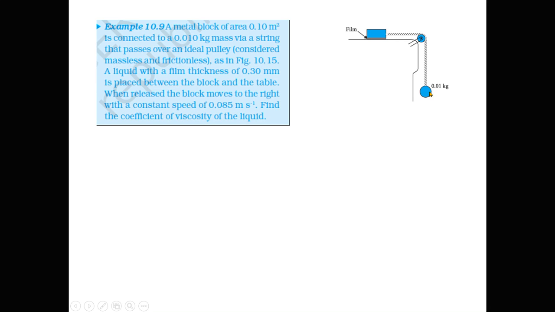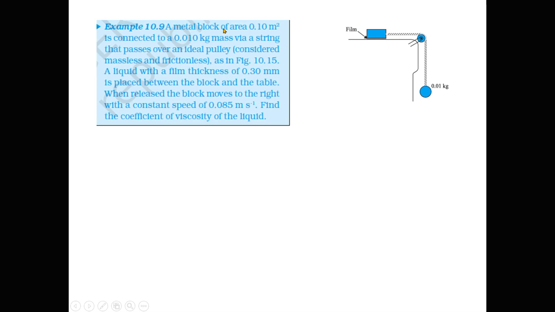So this metallic ball of 0.01 kg is suspended over the pulley and its other end is tied to a block, and the block is placed on a table surface, and in between the table surface and the block there is a liquid film.